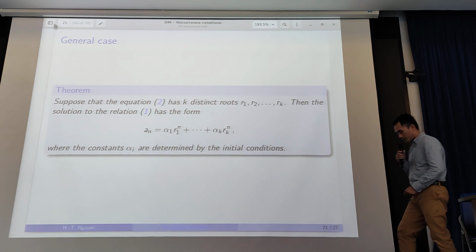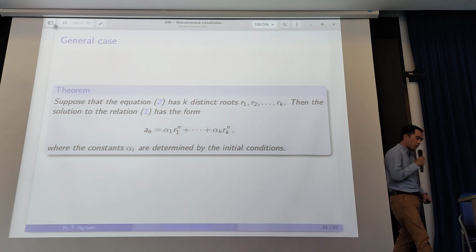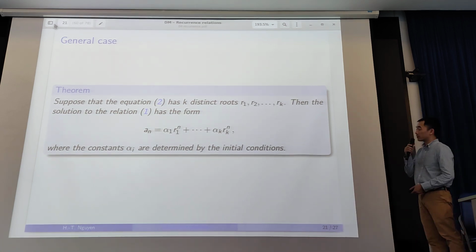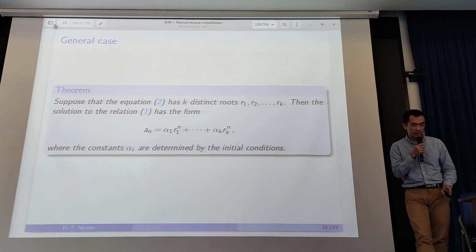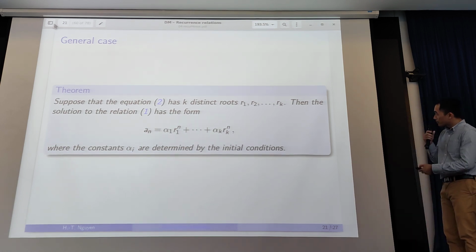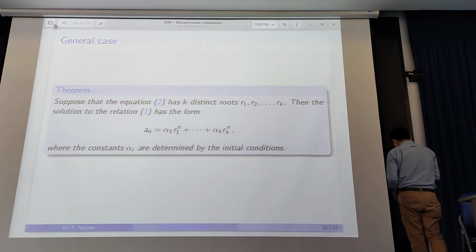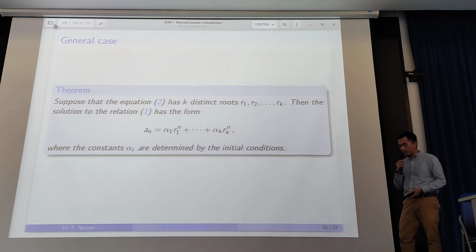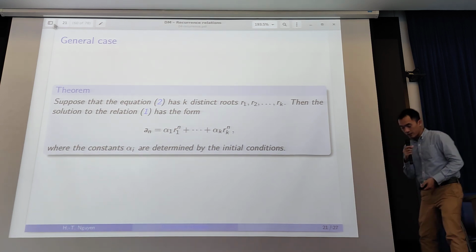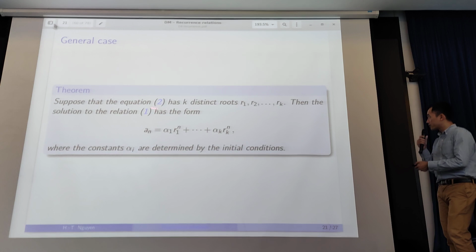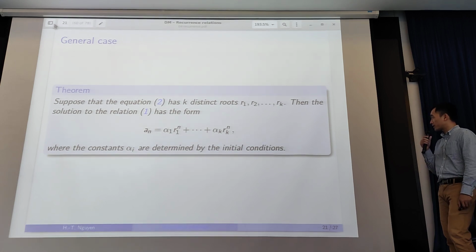Okay, so for the sake of completeness, we introduce the general solution for the general case. So we repeat this. So the easy case, or simpler case, is when all the characteristic roots are distinct, are pairwise distinct.